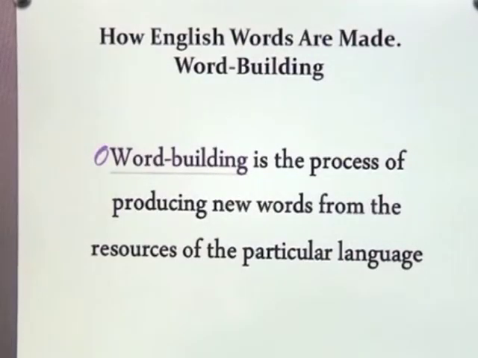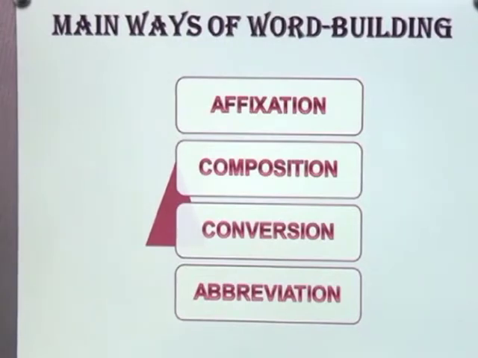Now it's time to answer the question: how are English words made and what is word building? Word building is the process of producing new words from the resources of the particular language. The main ways of word building can be affixation, composition, conversion, and abbreviation.